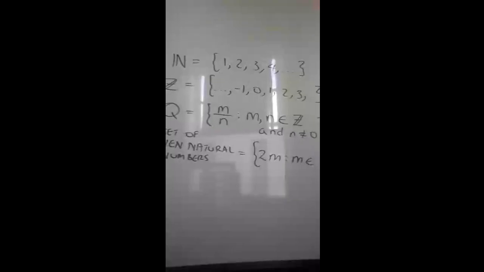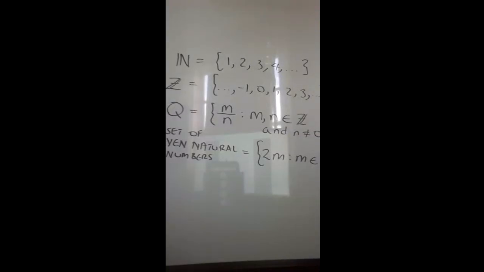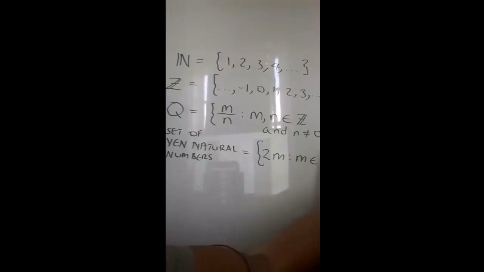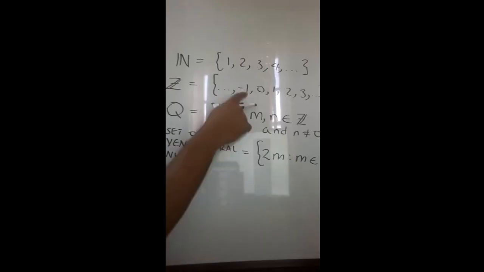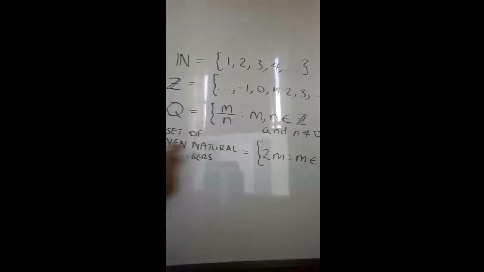Not a trick question, you know. Natural numbers. Yeah, because it's a set of even natural numbers. It must be from the set N. It can't be from the integers, because if you multiply 2 by -1, you get -2. That's not a natural number. So it must be natural numbers. All right.